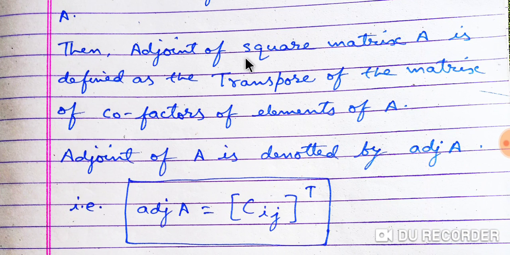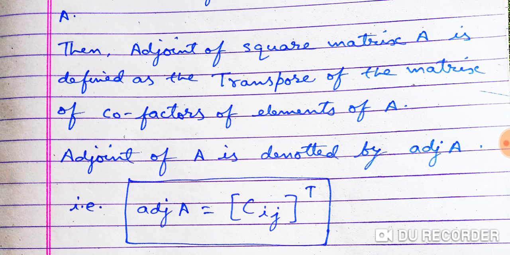The adjoint of a square matrix A is defined as the transpose of the matrix of cofactors of elements of A. So this says that if we have to find the adjoint of any square matrix, then we have to find the cofactors of each and every element of the square matrix A. Cij will be the cofactors.